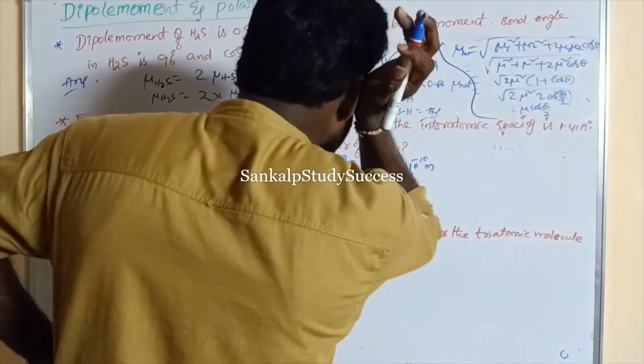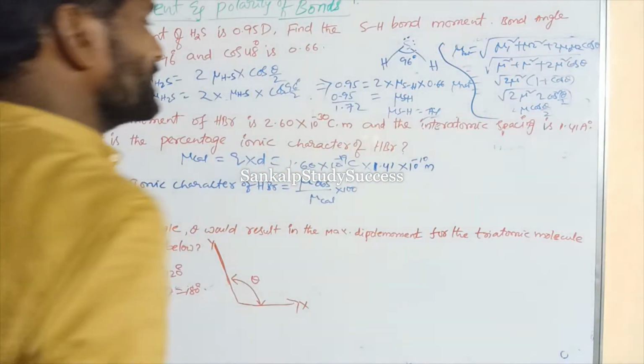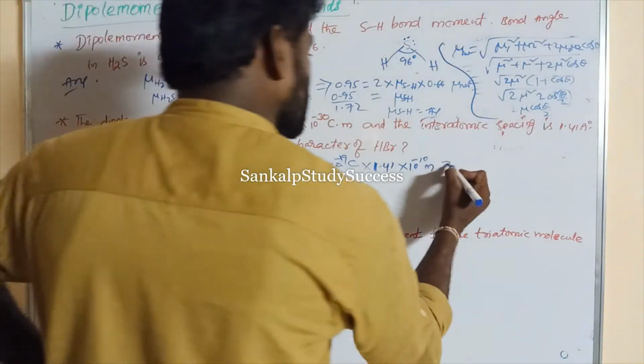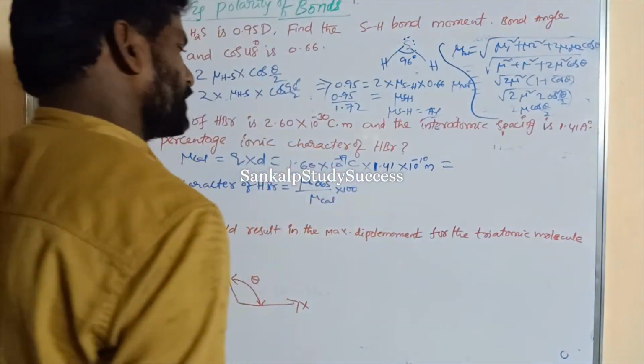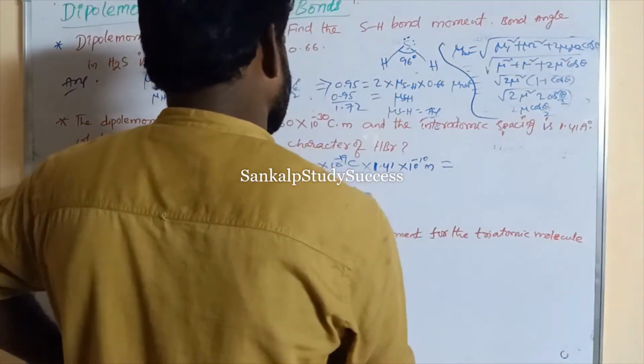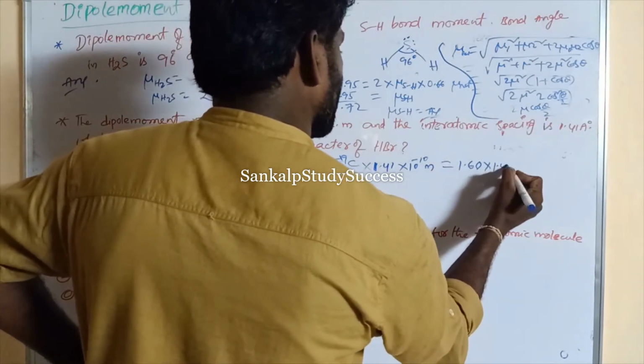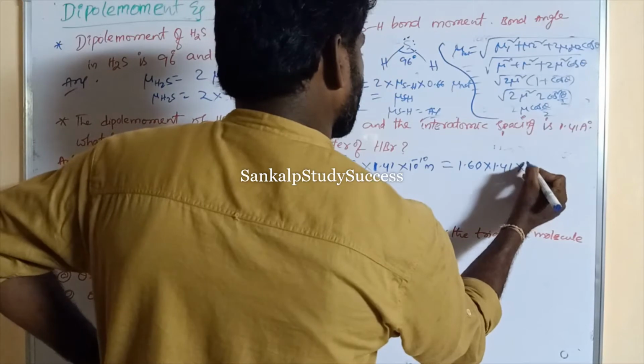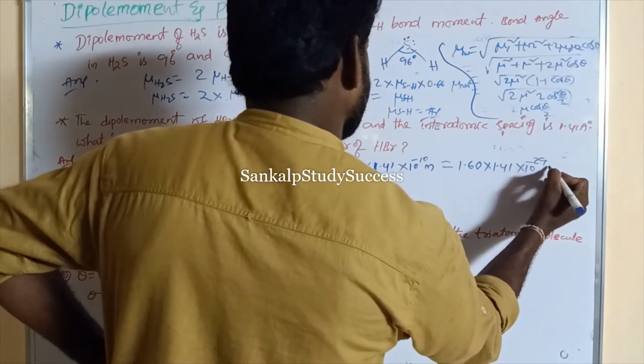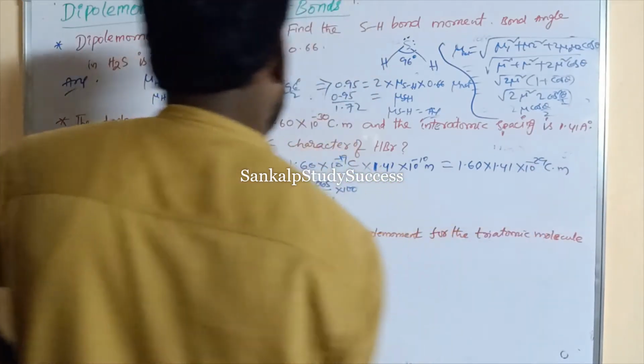If it is in centimeter, that is 10 to the power of minus 8 centimeter. So finally we got 1.60 into 1.41 into 10 to the power of minus 29 coulomb meter.